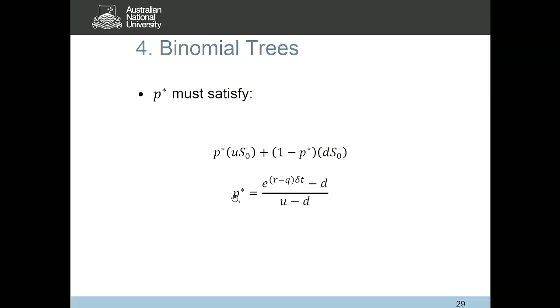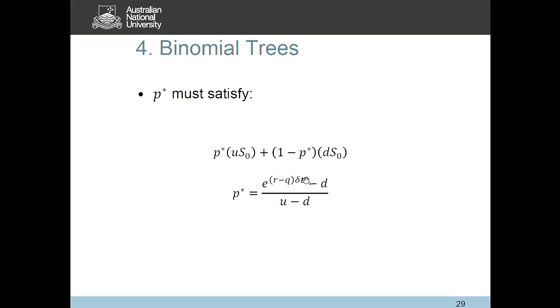The original formula, the P star, the risk-neutral probability, is equal to e to the power of r times delta T, so we don't have this minus q here. Back in week 5, the risk-neutral probability we used started with e to the power of positive little r times the delta T, minus the proportional decrease, then divided by the difference between the proportional increase and the decrease.